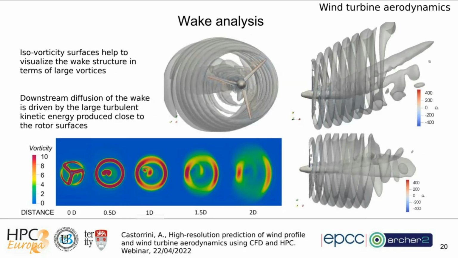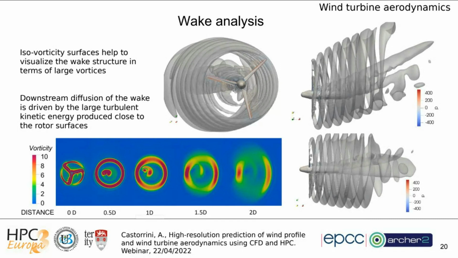And this is what we get in the end, a nice shape for the wake. We can see, for example, the wake released by the rotor. Here you see the rotor, and the surfaces that you can see here that describe the so-called tip vortices of the blades are surfaces of isovorticity.